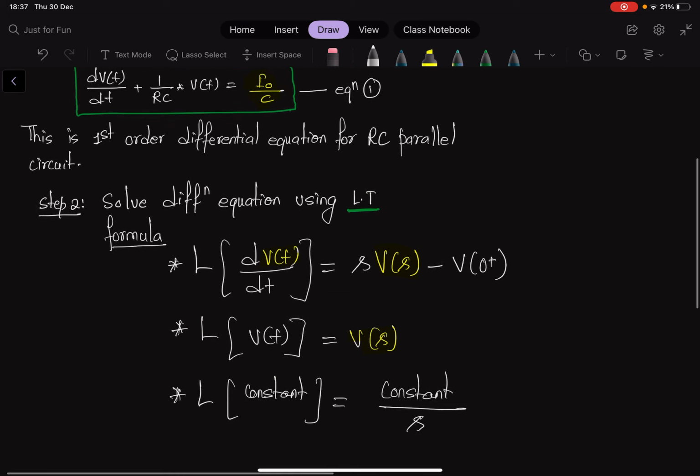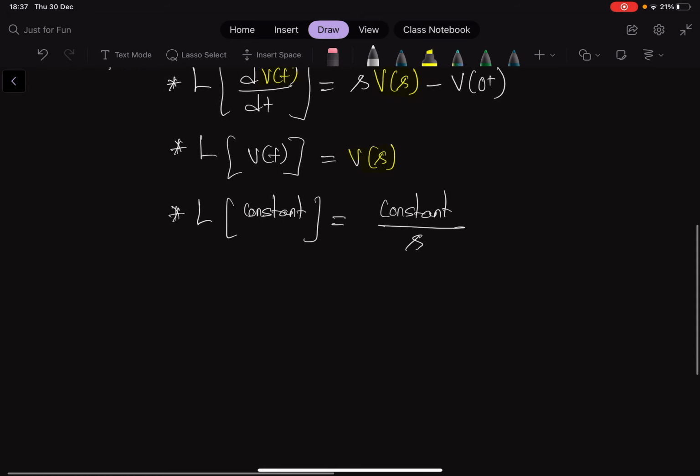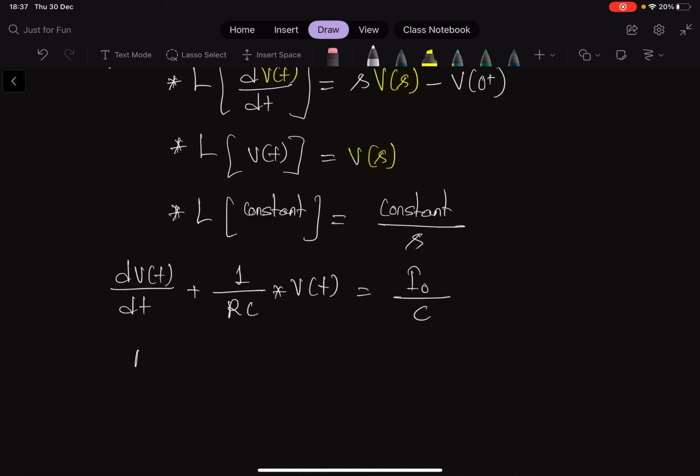Those are the three formulas which I have to use to solve the differential equation given in equation 1, and let's do that. Let's rewrite that differential equation. Our equation is dv(t)/dt plus 1 over RC times v(t) equals I naught over C. Then we are going to apply Laplace transform on both sides, because we can't apply it on just one side, isn't it?